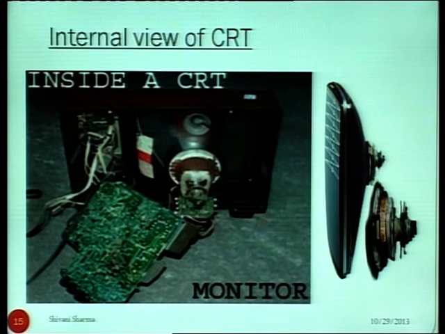In the internal view of a CRT we can see that we have a board on which we have various chips which are used to control the deflection system and the emission of electrons from the cathode, and further on these boards we have various chips which are used to focus the electron beam, and at the front end we have the CRT screen.